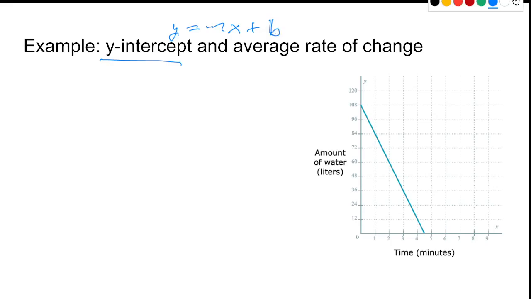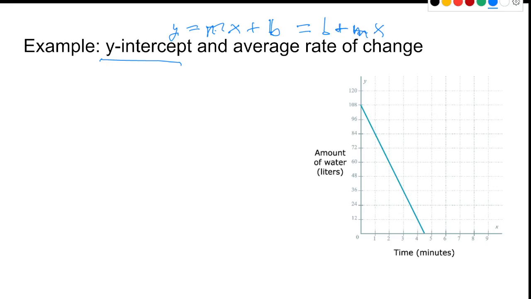Sometimes we'll see this written as b plus mx. Those are really the same thing, right? Because addition, we could do it in either order. Okay, so the y-intercept is going to be our b.